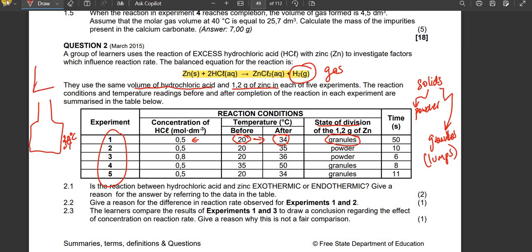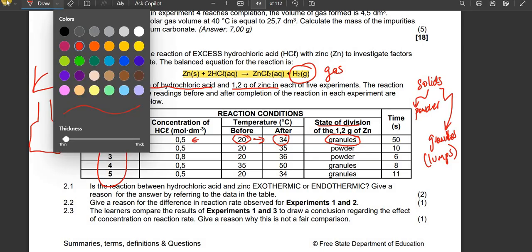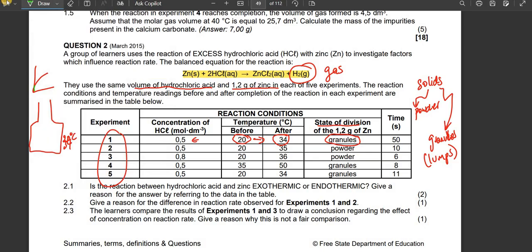For the first part, it's going to be a graph, and for the second part, you're going to have another graph. Then that tells you that since this was at 34 degrees Celsius, the reaction rate was higher when we increased temperature. What about experiment 2?